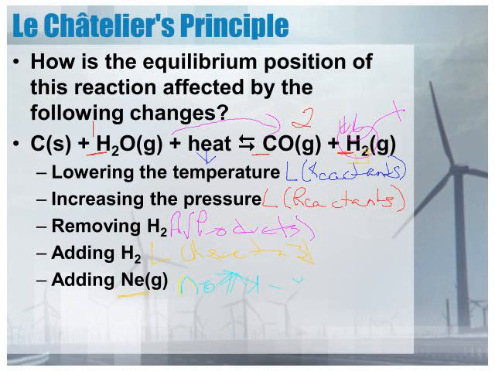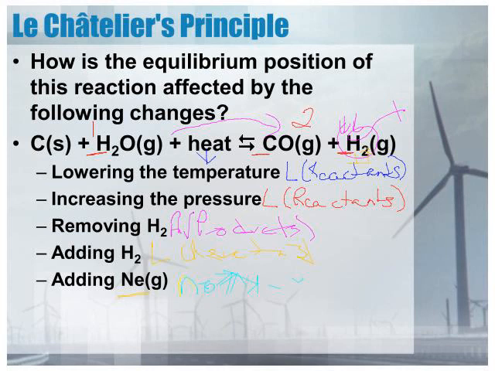So, if you add temperature or concentration of something, then it shifts to the opposite side of where you're adding to. If you take away, it's got to shift to the side that you're taking away from. If you're increasing your pressure, it goes to the side with the least number of moles, and increasing pressure means you're decreasing your volume.